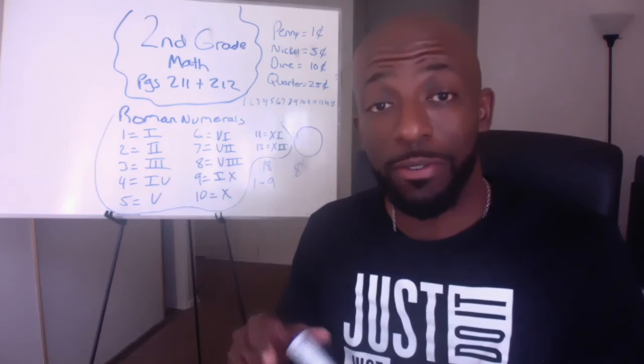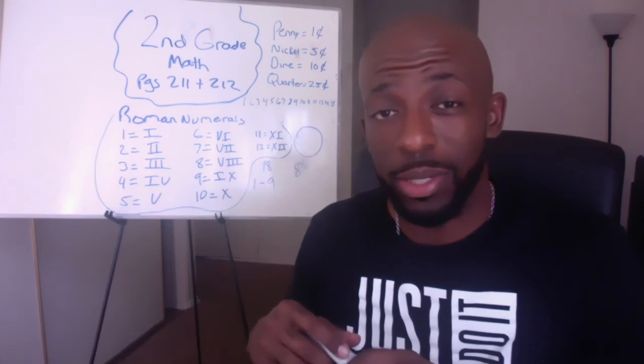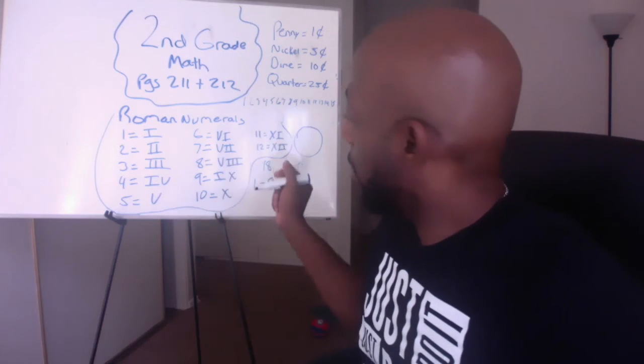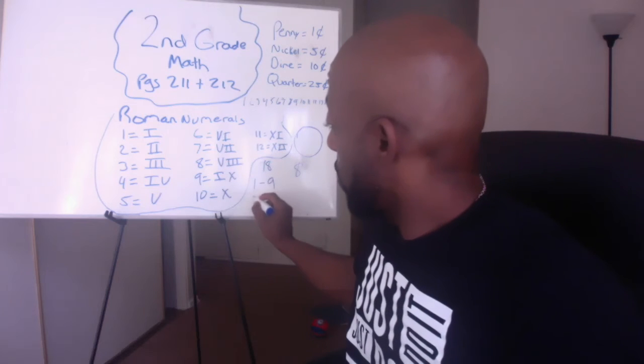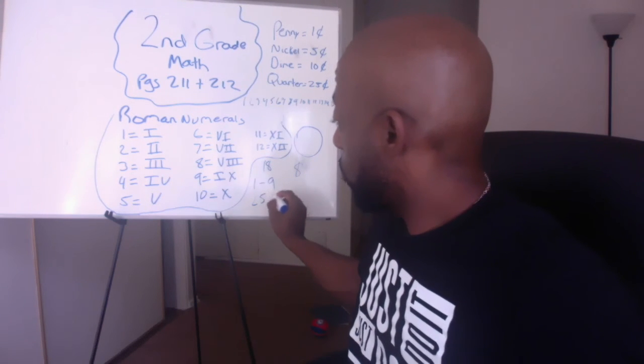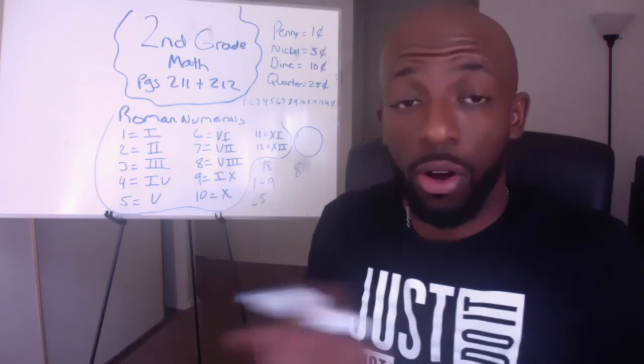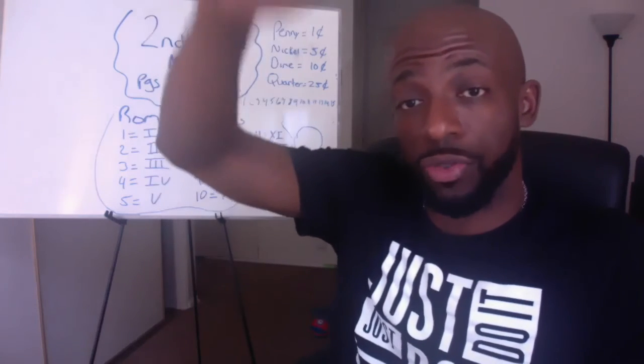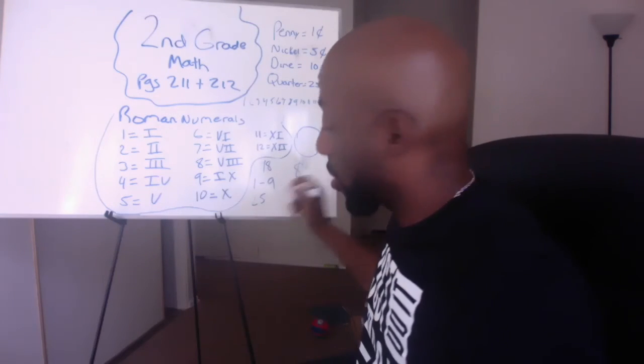The easiest way for you to do this, instead of trying to add it all in your head, is to write 25 how many times? You can write 25 5 times. So 25, 25, 25, and so on, all the way down. You could actually write it straight up and down vertical so that you can add it all together.